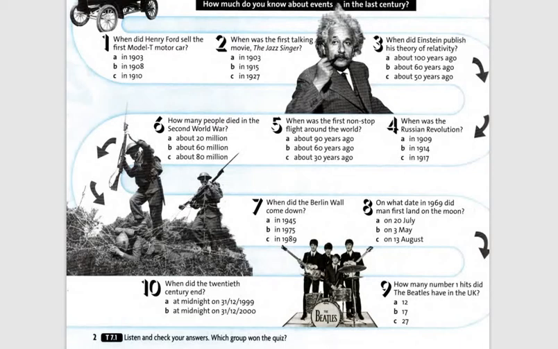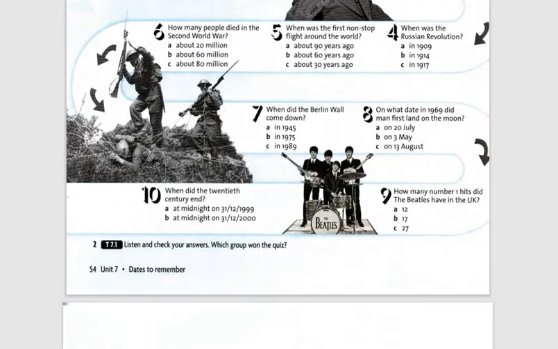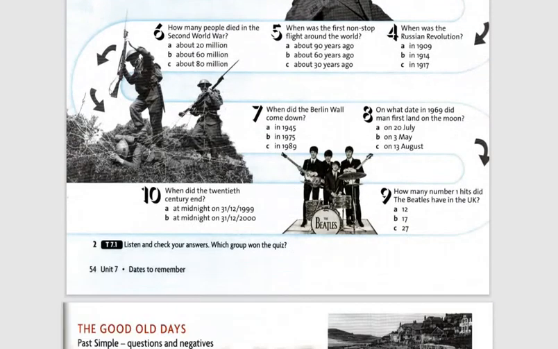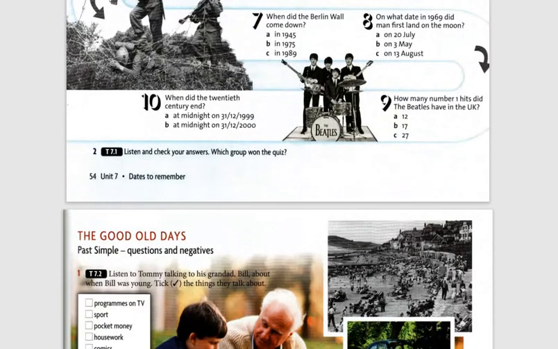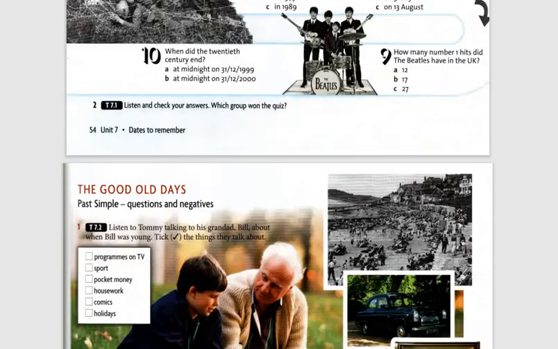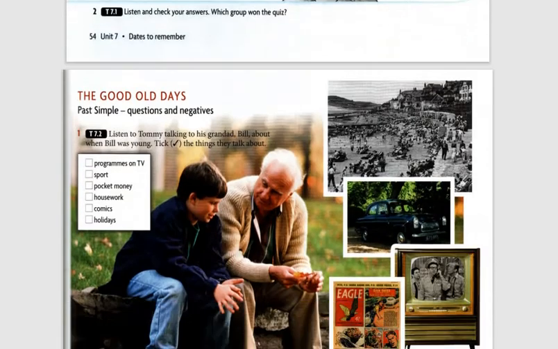So all these questions use the correct auxiliary verb, was or did or were, and the answer also will be in the past. So you have to use the auxiliary verb in the past simple tense to make a question or negative, as we previously mentioned in the other units.